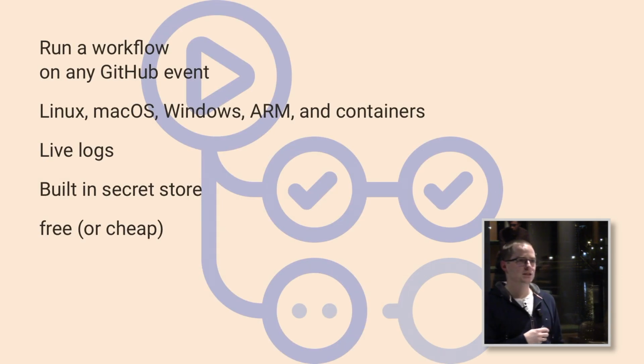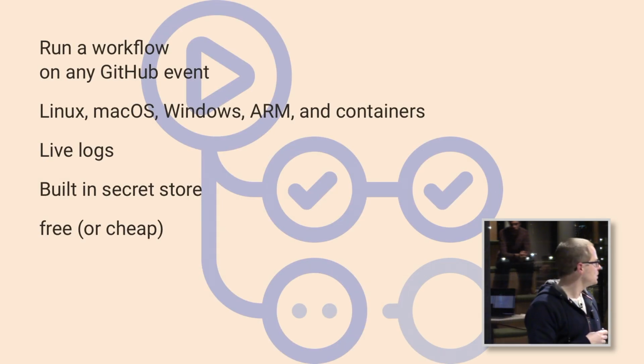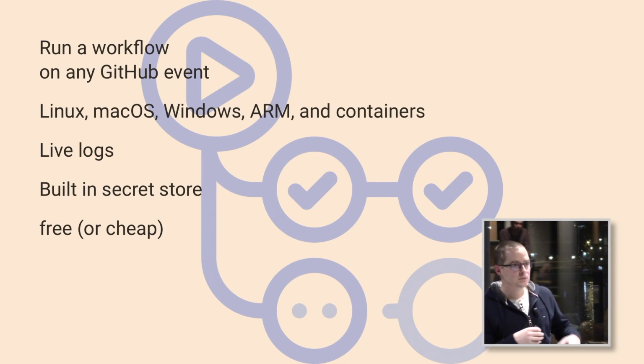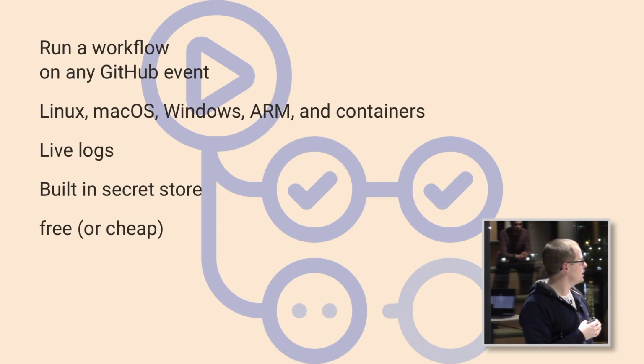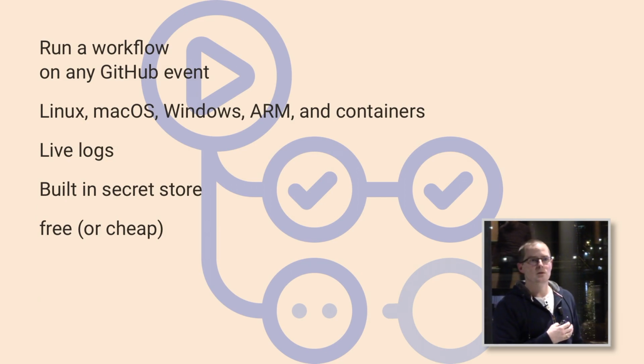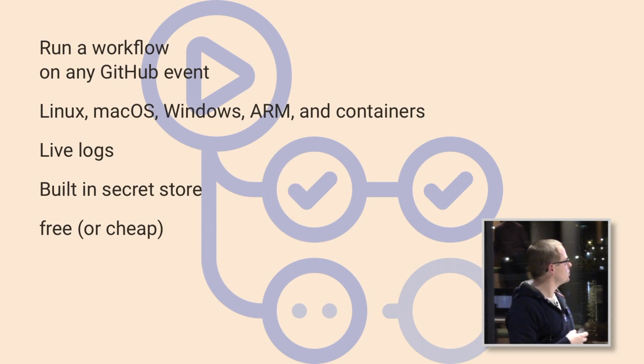But GitHub Actions, that's the offering that GitHub offers their community. Pretty much you can run a workflow on any GitHub event, and GitHub can present you with a lot of events if you want to. Your runtime environment can be any of those, so Linux and macOS, those are, for me, the most important ones.